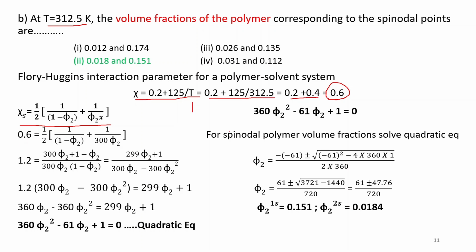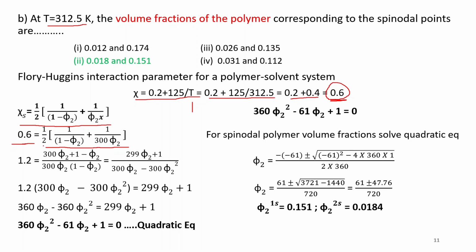So we have just now calculated chi as 0.6. So we can put 0.6 here equals half multiplied by 1 upon 1 minus phi 2. Phi 2 is unknown, which we need to calculate, plus 1 upon 300, which is the number of segments of the polymer, multiplied by phi 2, which is the volume fraction of the polymer.